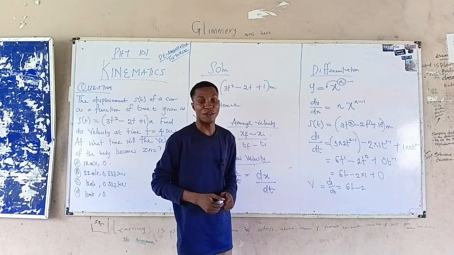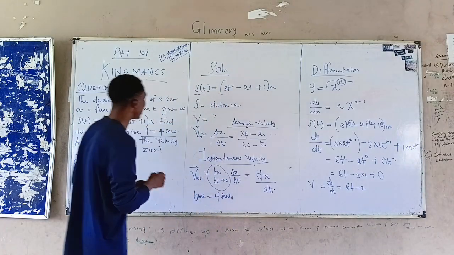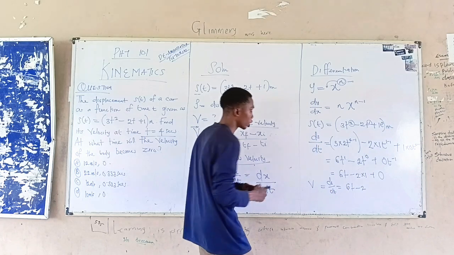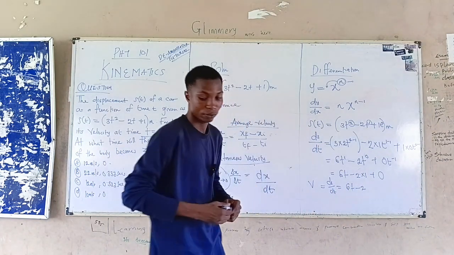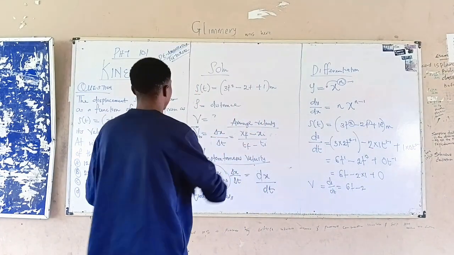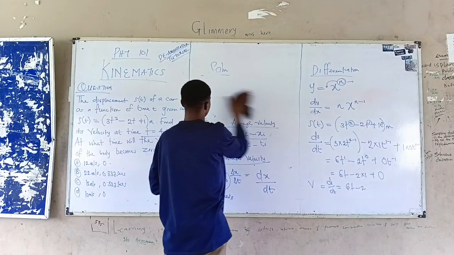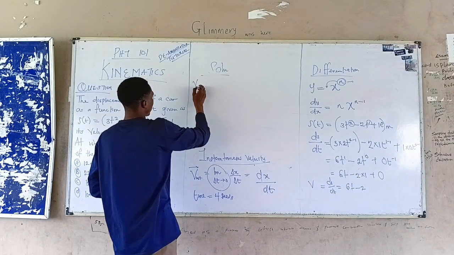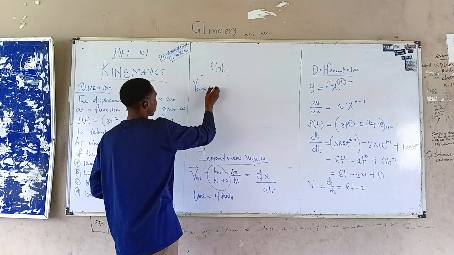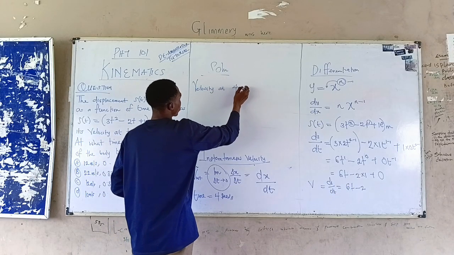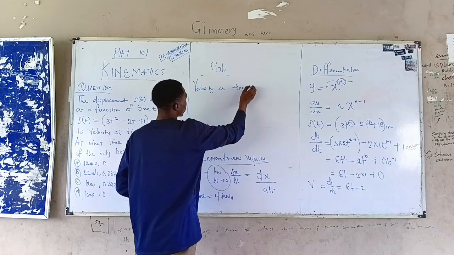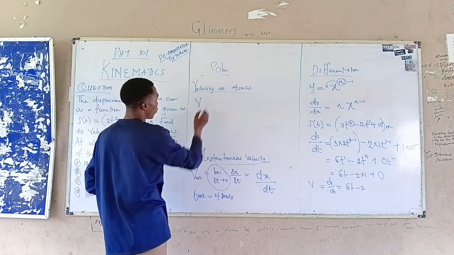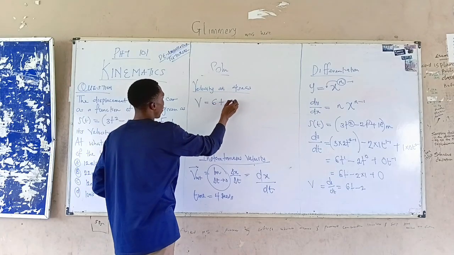So let's find the value of the velocity when it's at 4 seconds. The velocity at 4 seconds will be written, from the kinematic equation, as v equals 6t minus 2.